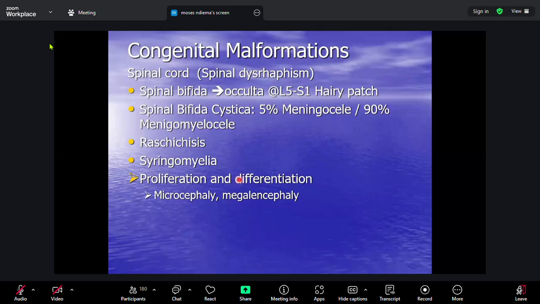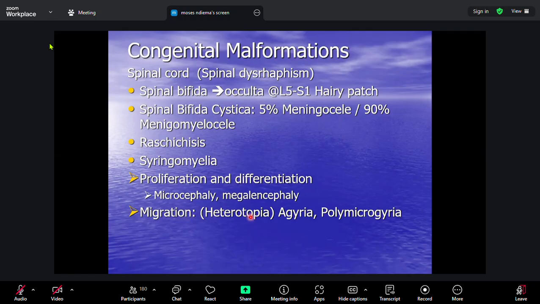Then we have also migration, failure of migration. If the cells do not migrate from the cortical plate adequately, then you might not have the formation of the gyri and the sulci, so that you will have a flat brain that we call agyria. Flat brain, no gyri.